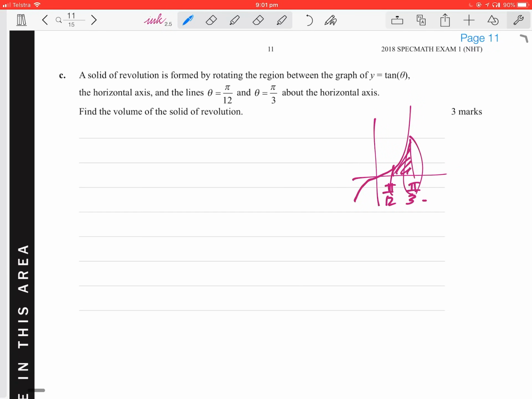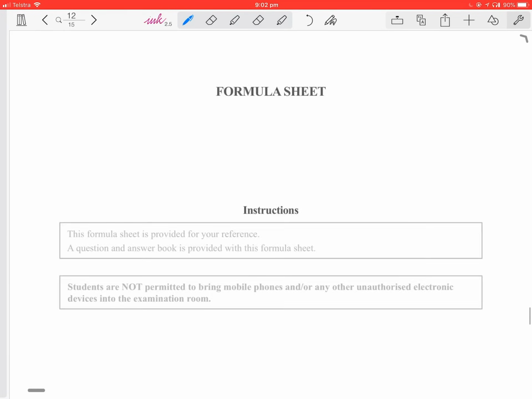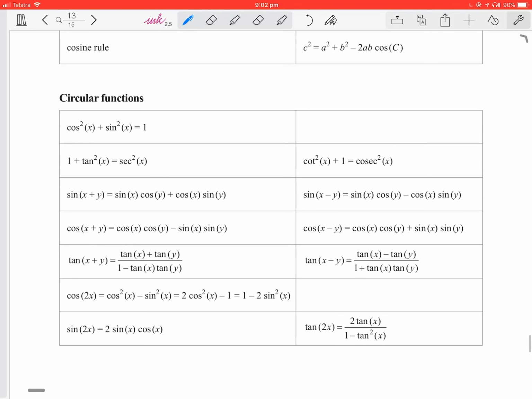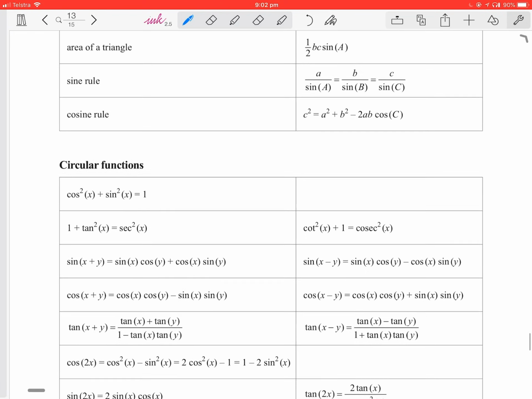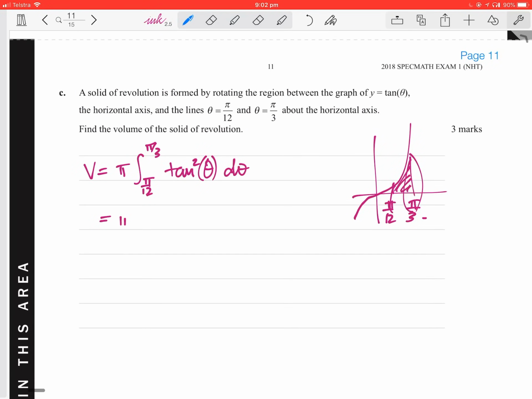Our volume is pi, integral from pi on 12 to pi on 3 of y squared, so tan squared theta d theta. We can't integrate tan squared theta directly, but tan squared theta is sec squared theta minus 1, and we know we can integrate sec squared theta.